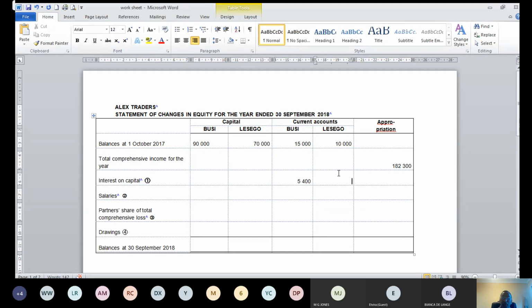And we transfer to the current account of Lesego his share of 4,200 Rand. The available profit will now decrease by 9,600 Rand.